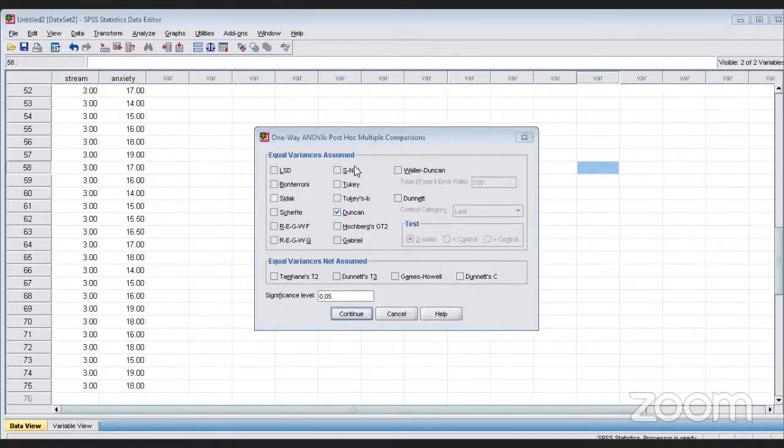So the post hoc test is to be used only to find out whether the mean score of anxiety of arts teachers is significantly higher than that of science and commerce teachers or not, or the mean score of anxiety of science teachers is significantly higher than that of arts and commerce or not, etc. Either you can use post hoc test or you can even use t-test.